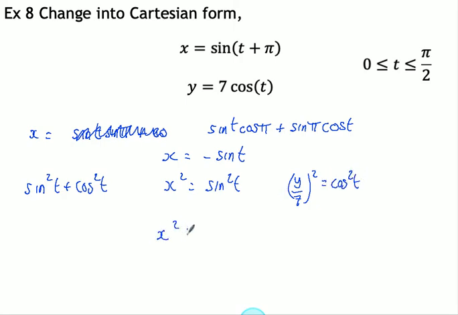Add them together equals 1. I could rewrite this as y squared over 49 if I wanted to. So there we have it for that one.